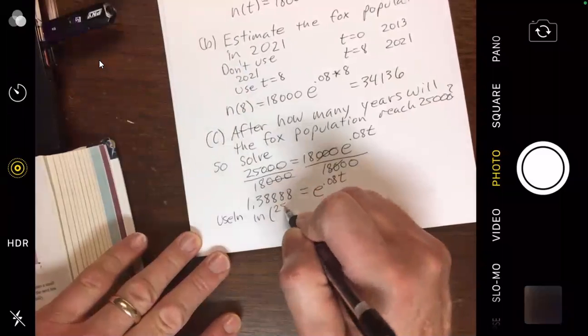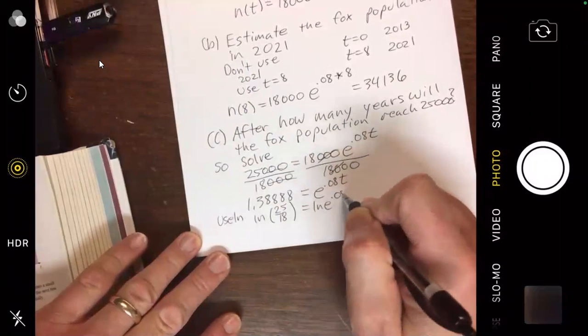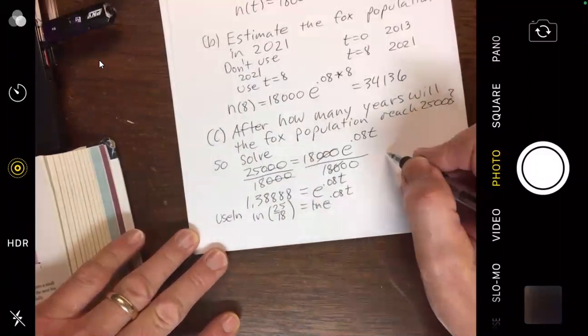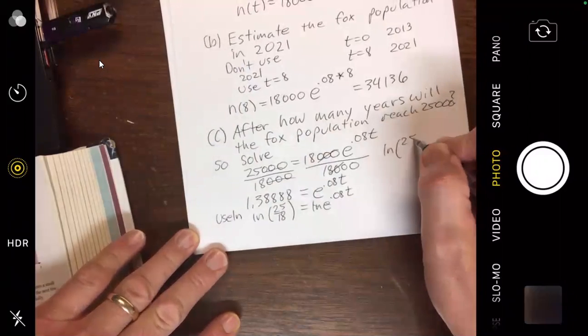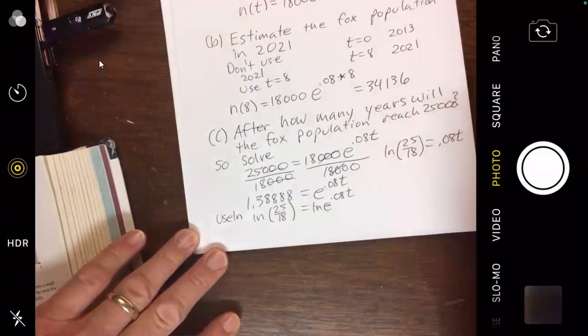Maybe I'll leave it 25 over 18 to make it more accurate: ln of 25 over 18 equals ln of e to the 0.08 t. These will cancel, so ln of 25 over 18 equals 0.08 t.